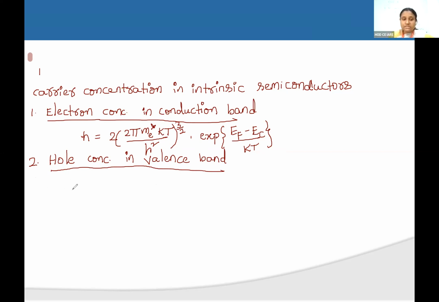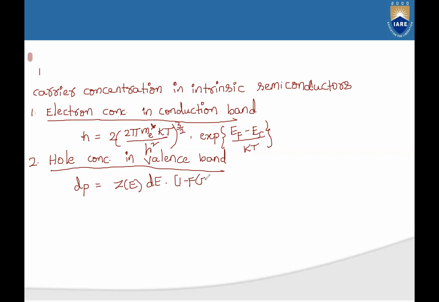We selected a small energy interval dE, and let the number of holes in that small energy interval in the valence band be Z(E) dE into 1 minus f(E). And what is Z(E) dE? Z(E) dE is the density of energy states. And what is the expression we have taken for density of energy states?